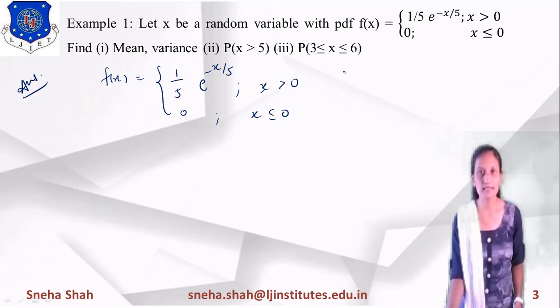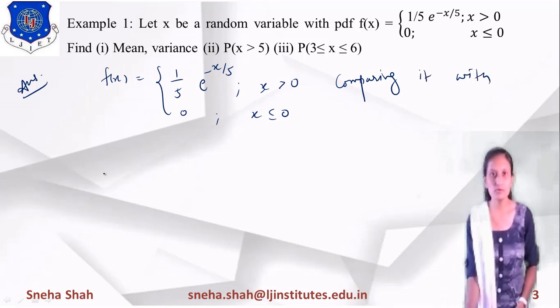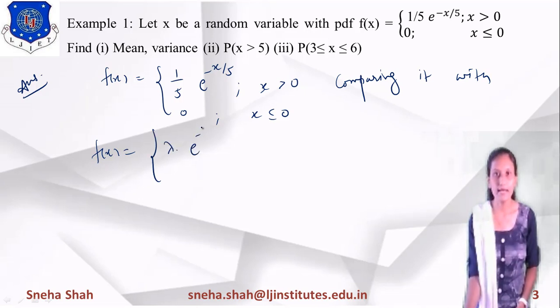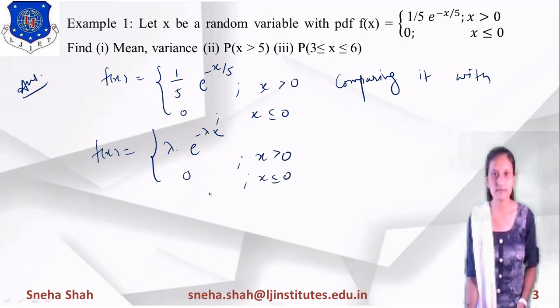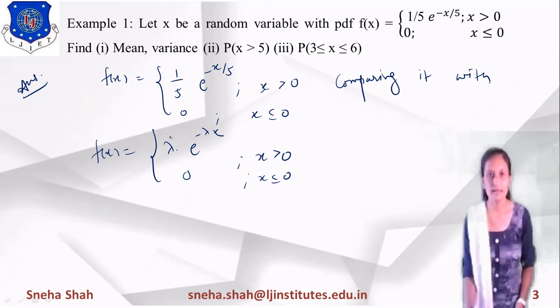So we will compare this with f of x equals lambda e raised to minus lambda x for x greater than 0, and for x less than or equal to 0, its value is 0. If we compare, you can see that the value of lambda equals 1 by 5, right?